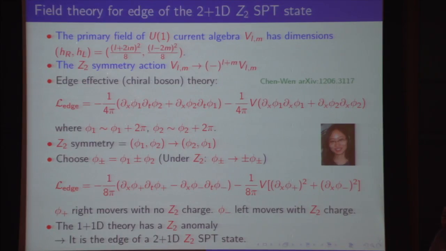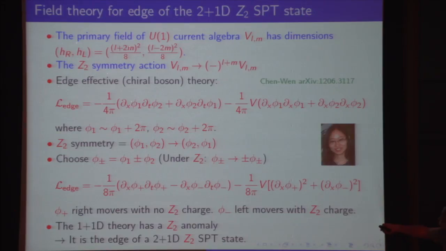Usually you also have that term. But in this particular case, we don't have that. This kinetic energy only couples phi 1 and phi 2. Then we have the usual potential energy, just the square of the gradient of the field. So this particular Carroll-Boson theory actually is an effective field theory to describe this boundary.